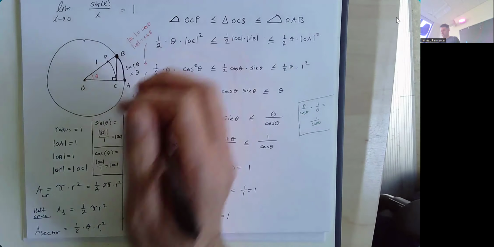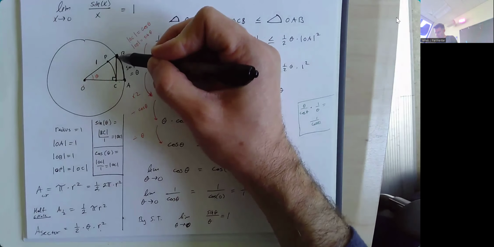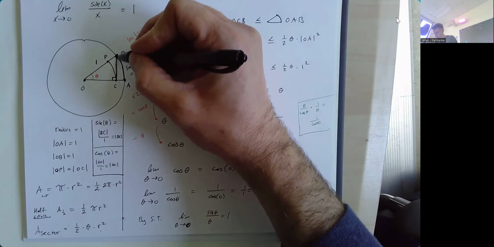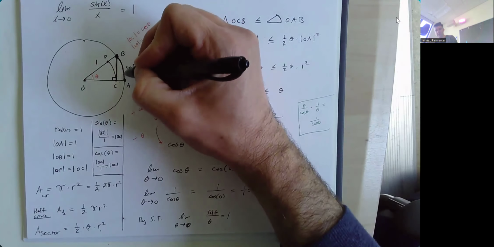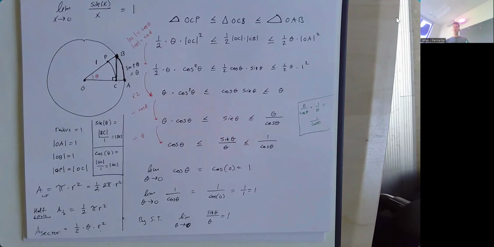So what we're saying is, as the angle gets smaller, sine of theta, which is this length here, and theta, which is this length here, their ratio is closer and closer to 1. Or in other words, as the angle gets smaller, those two lengths get closer and closer to being equal to each other, which visually looks reasonable, right? Those two lengths look like they could be pretty close to each other.